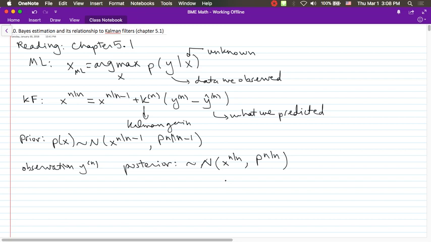We got this, of course, from the Kalman filter equation. Now what I want to know is, is this thing that we called our posterior the x, I'm going to call it MAP, maximum a posteriori, is this quantity? Oops, sorry.